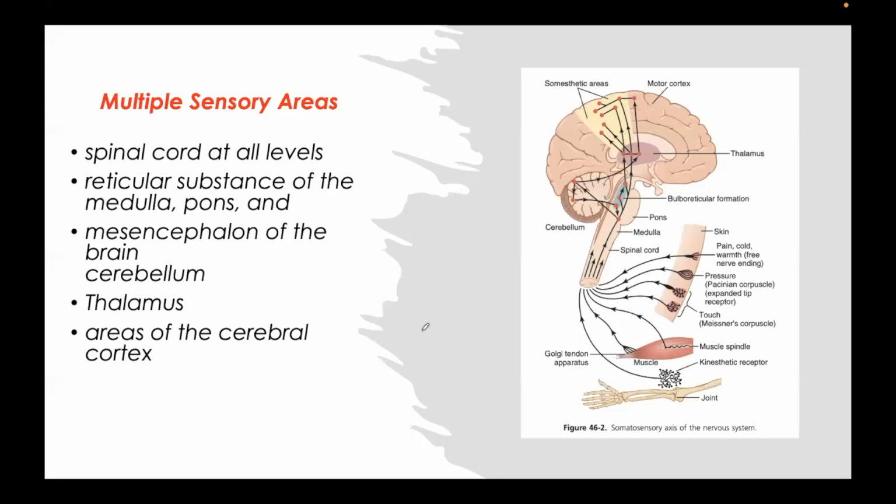Now, here's an illustration from your textbook showing you the famous somatosensory axis of the nervous system. Now, there are several sensory areas which are found in the central nervous system. We have the spinal cord.